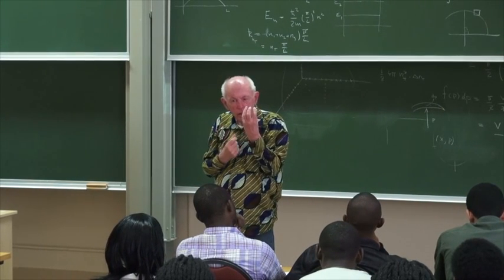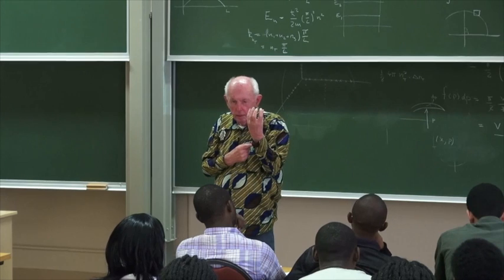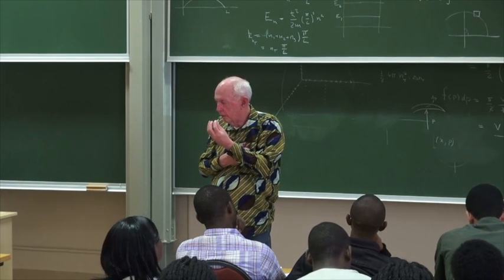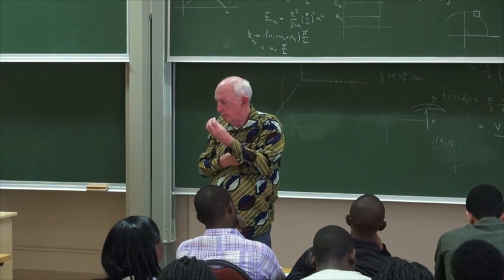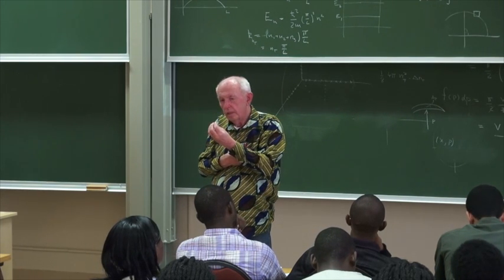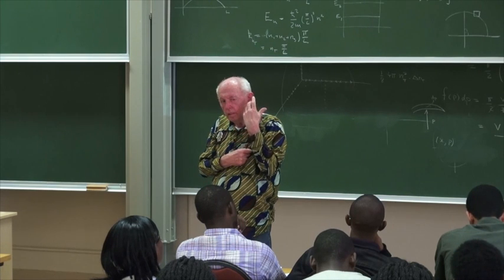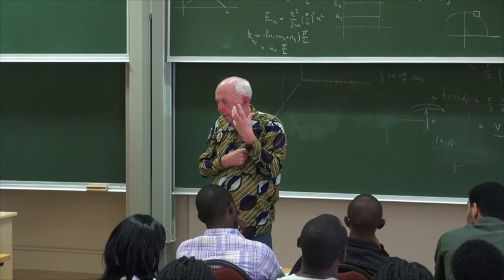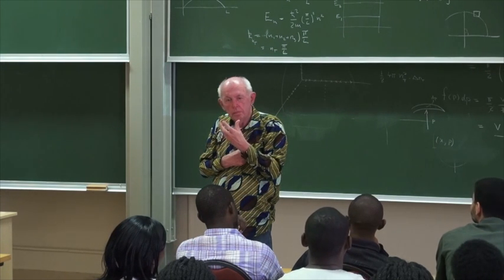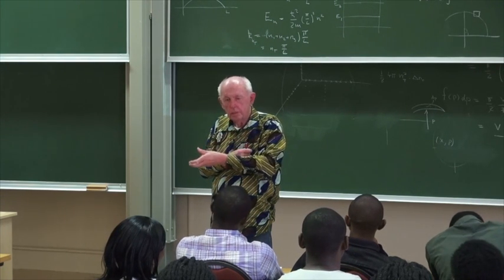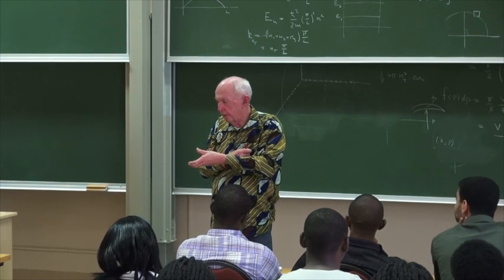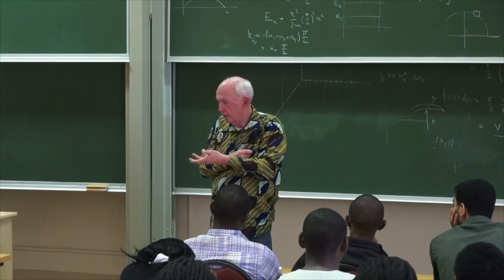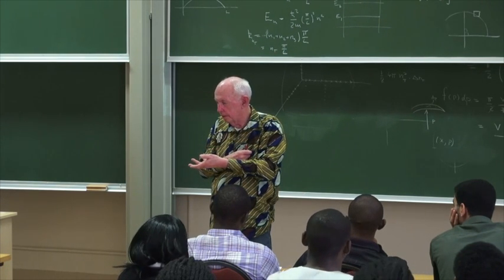So the unit box is a six-dimensional unit box, and its value is h to the power 3. And this realization made it possible for Planck to calculate the blackbody radiation.